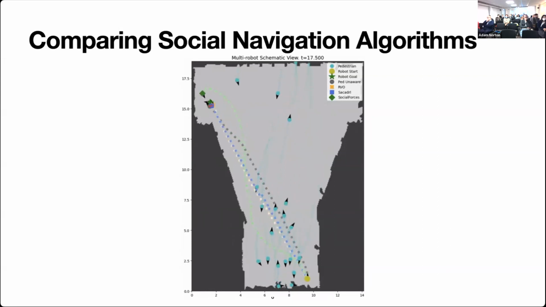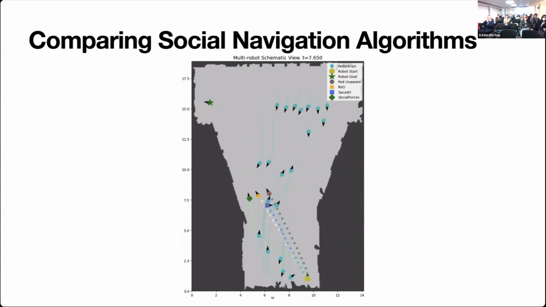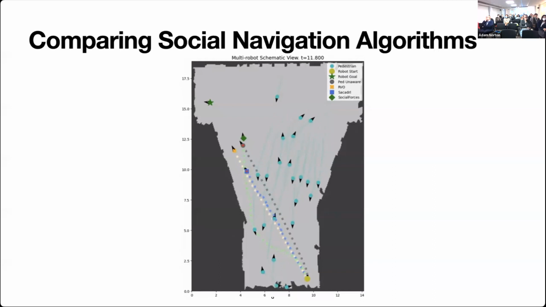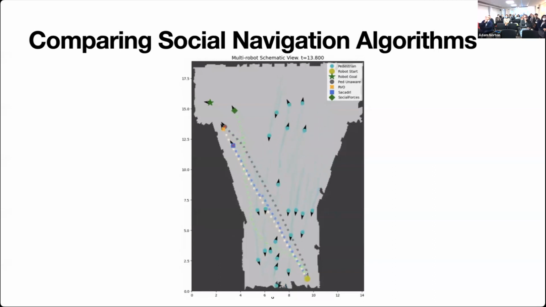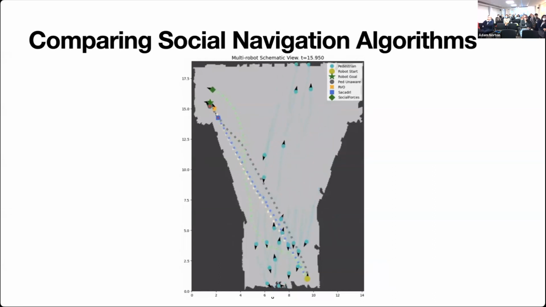We have the robot start here and at the goal, and we're comparing 4 different algorithms: pedestrian unaware, with 3 different social navigation algorithms. If the robot gets a red dot on it, it means that a collision has occurred. And you can see that we can run these different algorithms in the same scenario and compare our metrics across the 4 different algorithms.